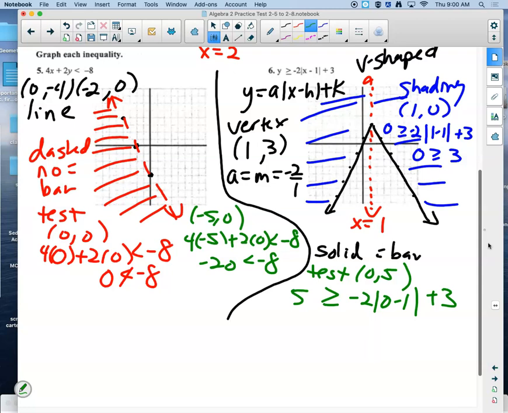What's 0 minus 1? What's the absolute value of negative 1? What's negative 2 times 1? Negative 2 plus 3. My shading's right. 5 is definitely greater than or equal to 1. Cool. Well, that means we only have one problem left.